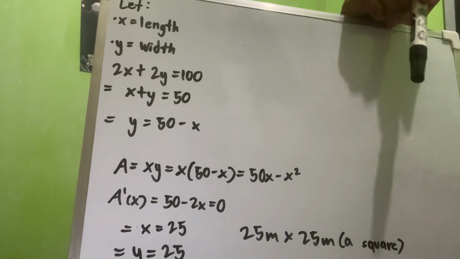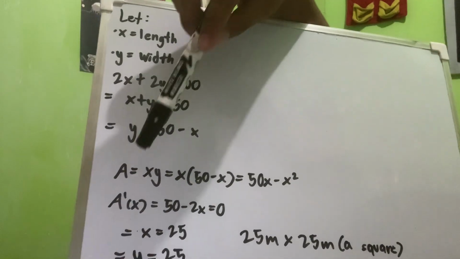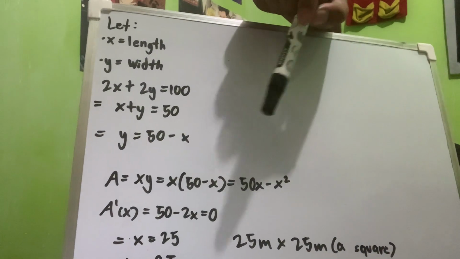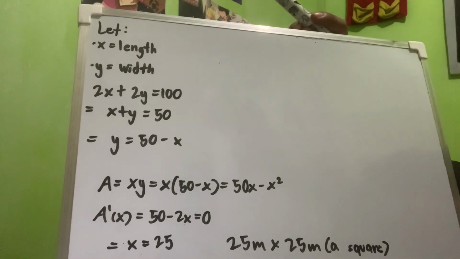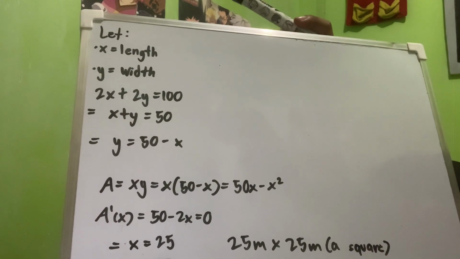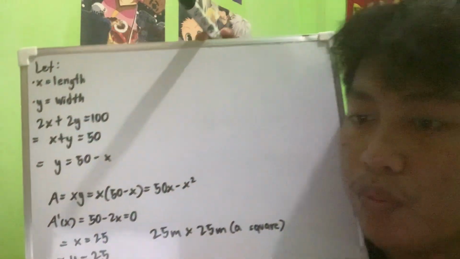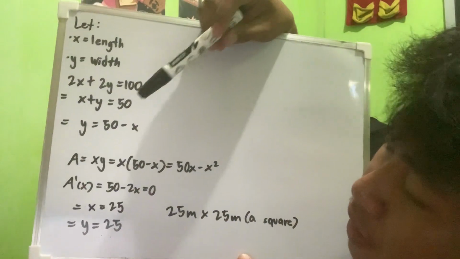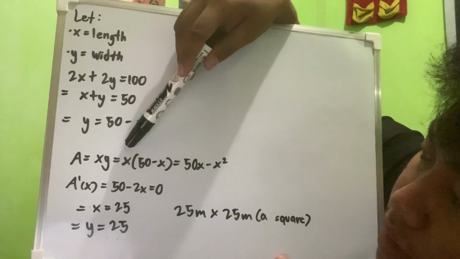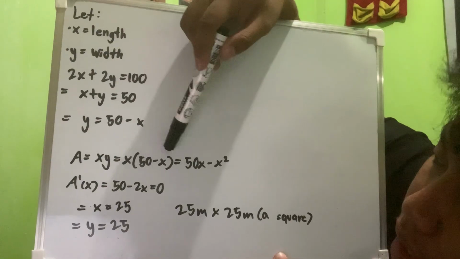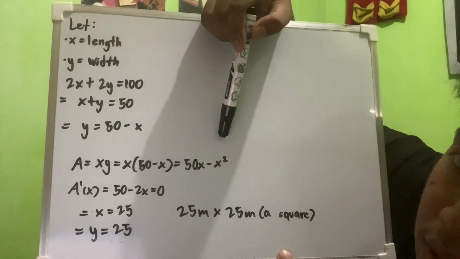So this is y, 50 minus x. So the area is xy, equals x times 50 minus x, equals 50x minus x squared.